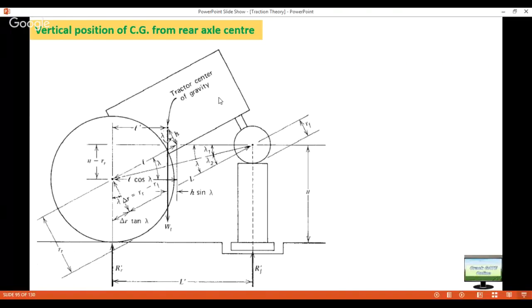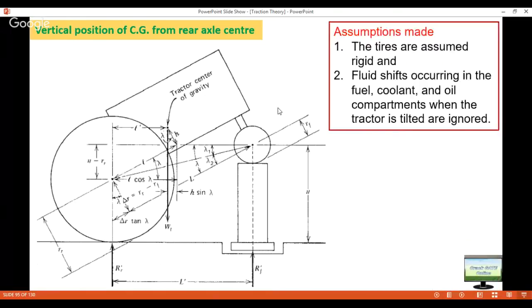So once you lift the tractor, everything will come in this direction, this area. In reality, that fuel and lubricating oil will have some impact on the location of the center of gravity, which is being shifted. But for calculation purposes, we are ignoring those fluid shifts occurring in the tractor.